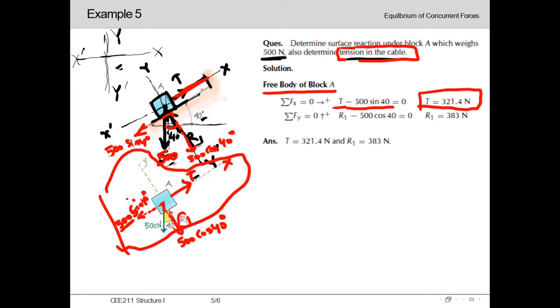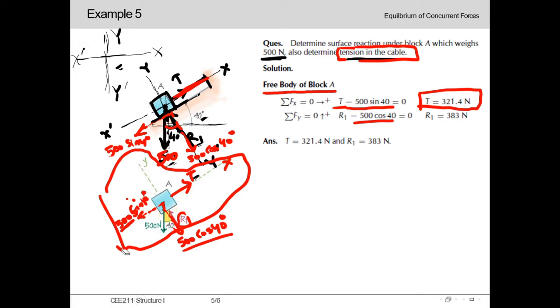Then now applying summation of f of y equal to 0, we will get another equation available. So now while taking the summation of the forces in y direction, starting with 500 cos 40, we can see that 500 cos 40 is acting downward, so it will be minus 500 cos 40.